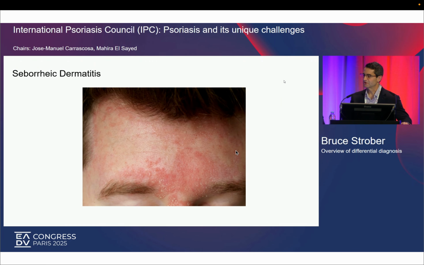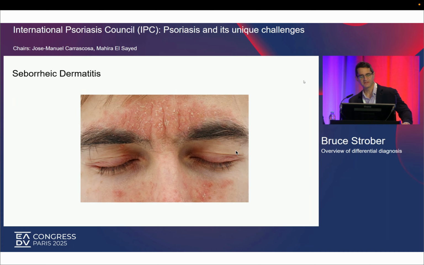And then there's seborrheic dermatitis, which is probably most commonly mislabeled. A lot of psoriasis is called seborrheic dermatitis, and perhaps vice versa, because there's a lot of overlap in morphology, but you tend to have this facial involvement and a certain type of morphology of erythema and scale that's a little different than psoriasis, as you can see here.